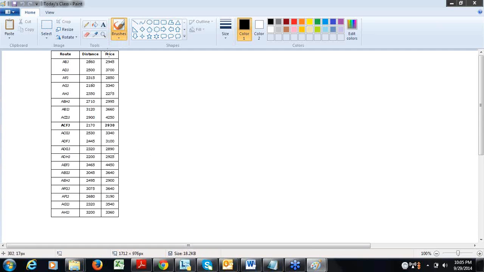Now it is asking what is the lowest distance, or the least distance, from A to J. You need to check in this distance column what is the lowest. Lowest is 2170.